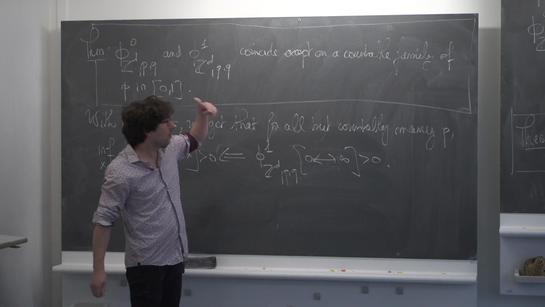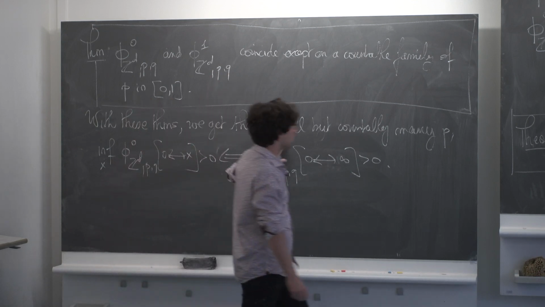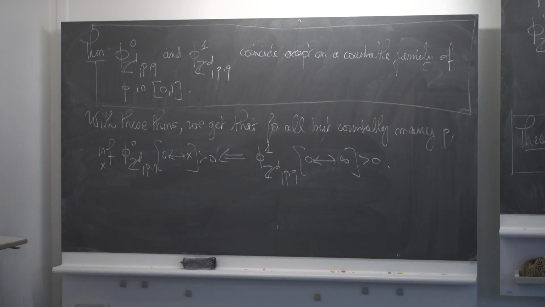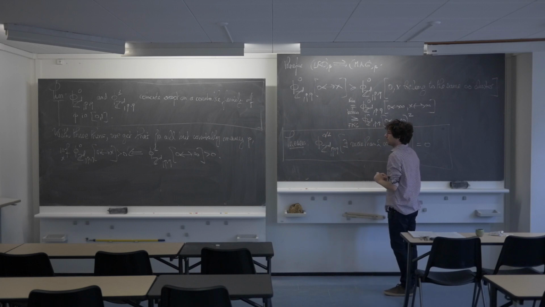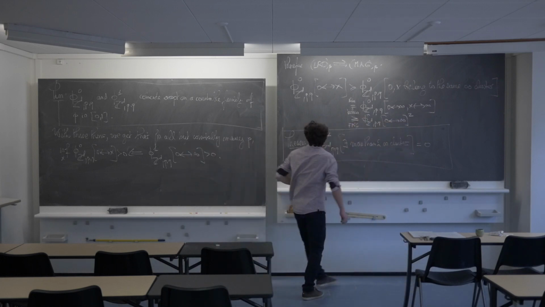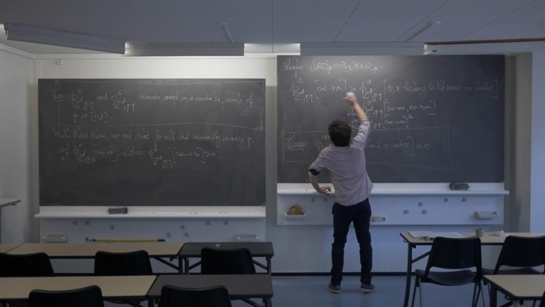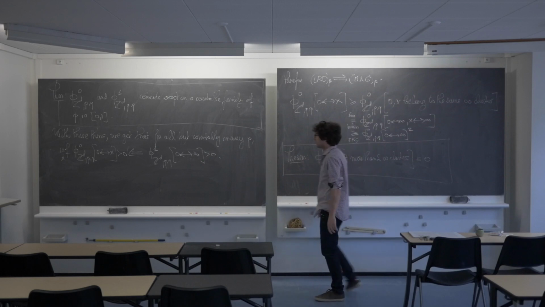Why? Because for all but countably many points, this is equal to this, which is bounding this thanks to this theorem. So we go from there to there using this theorem, and then from there to there using this theorem.